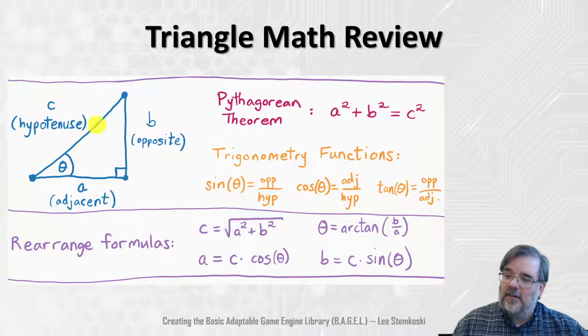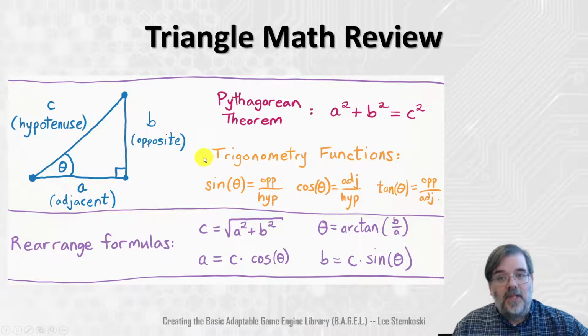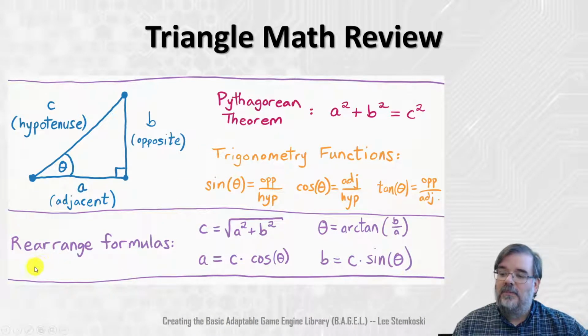In particular, for this right triangle, the four items which are of interest are the lengths of the sides a, b, and c, and this angle theta. Given two of these values, we can use these formulas, the Pythagorean Theorem and the trigonometry functions, to solve for the other two values, just by rearranging these formulas.